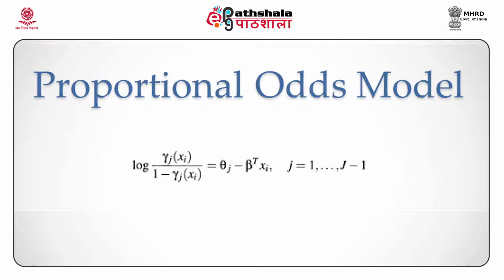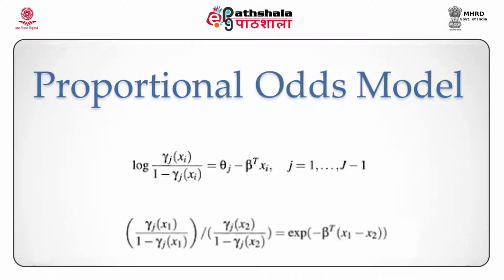The justification for the name proportional odds model comes from the fact that if we assume that we have a single covariate, say x, and we compare two values, x equal to x1 and x equal to x2, then it is possible to show that the proportional odds model implies that gamma j x1 over 1 minus gamma j x1, that is, the odds of y being less than or equal to j, that is lying in or below the jth category corresponding to a value x1 of x, as compared to the same odds when x takes the value x2, is given by e to the power minus beta prime x1 minus x2.